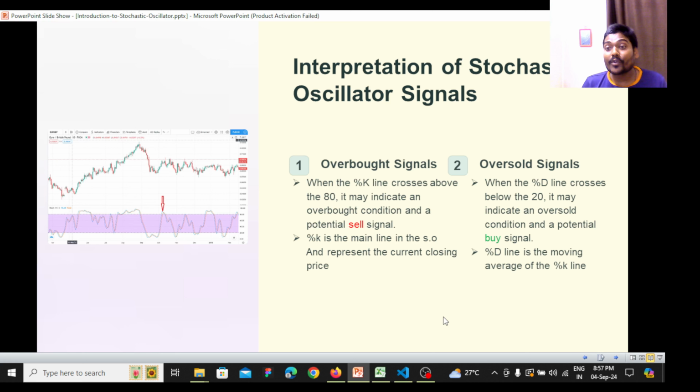Why multiply by 100? Because we calculate the percentage of the stochastic oscillator. And percentile D is equal to the 3-day moving average of percentile K. So next we will move on to the next slide, and using this formula we calculate the value of the stochastic oscillator.